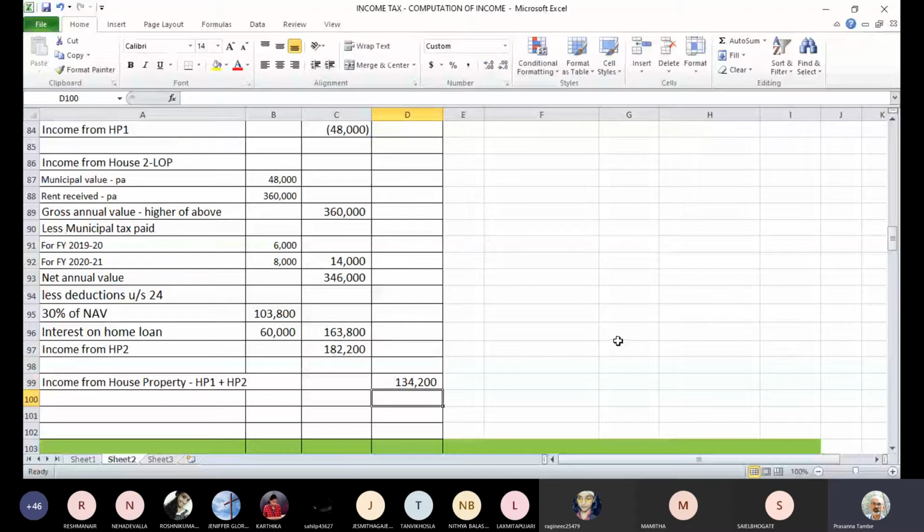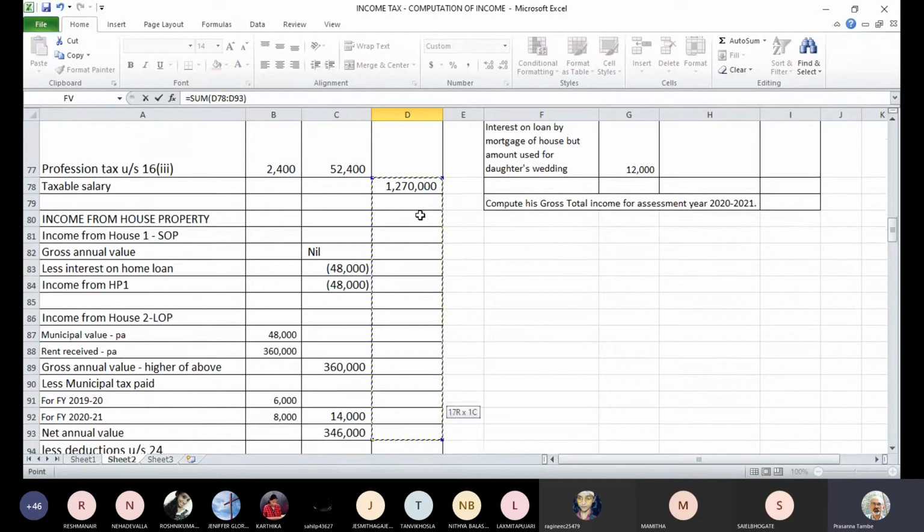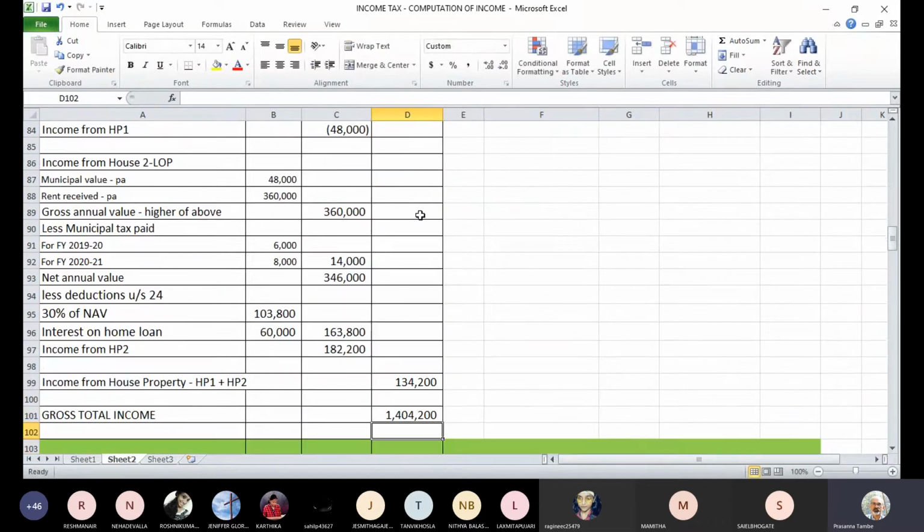The income from house property, the net result of these two properties, will be 1,34,200. And then the last line will be gross total income. So 12,70,000, the salary income, plus house property income is your gross total income, which will be 14,04,200.